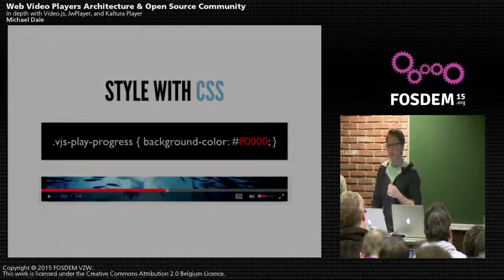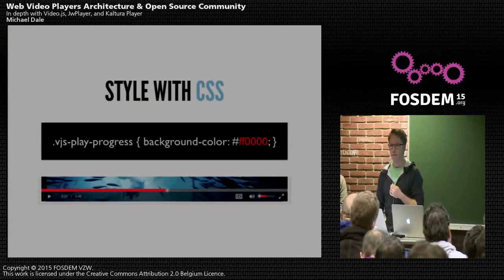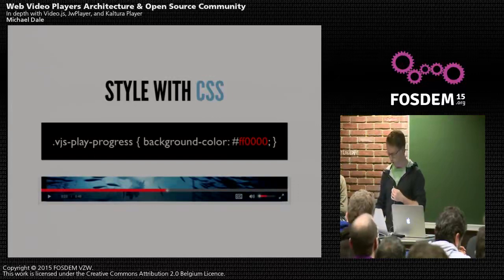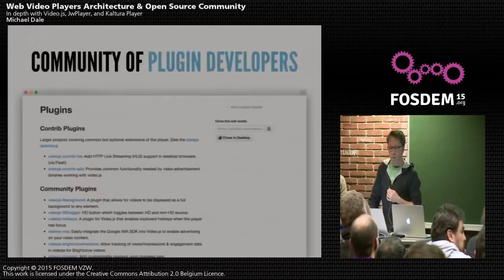You can style the player using CSS. So if you change the background color of the progress bar in one place, it will work whether HTML5 is being used or Flash or one of the other players. You style it once using a technology that you're used to, CSS, and it works everywhere. We have a pretty large community of developer plugins, so people building on top of the project.